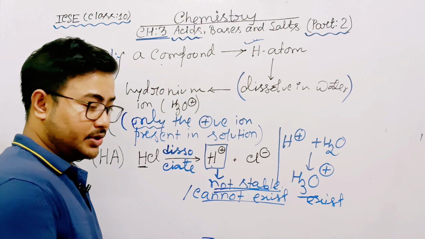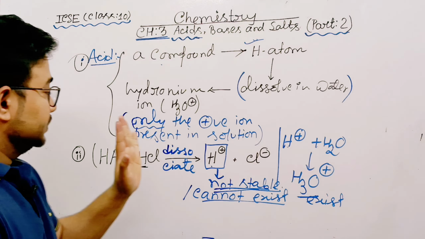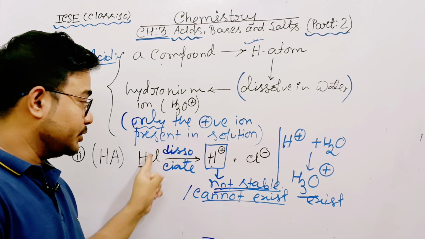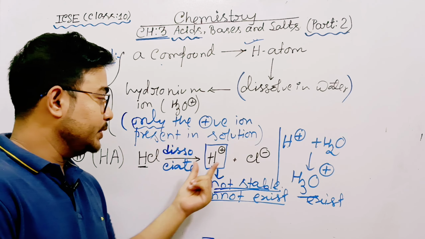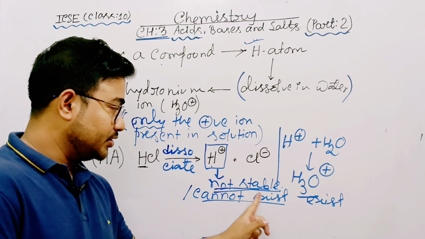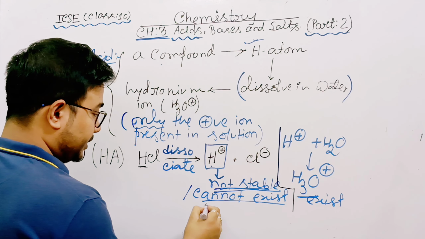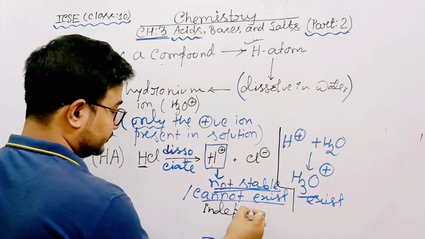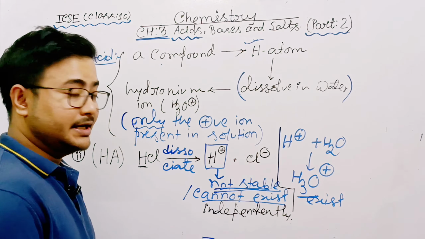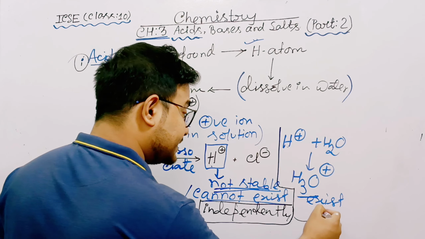Do you understand? Okay, so when any acid dissociates, it will form H plus, that is not stable and cannot exist independently. But this word independently: it exists independently.